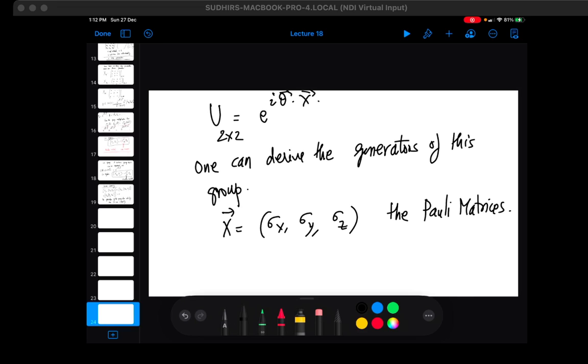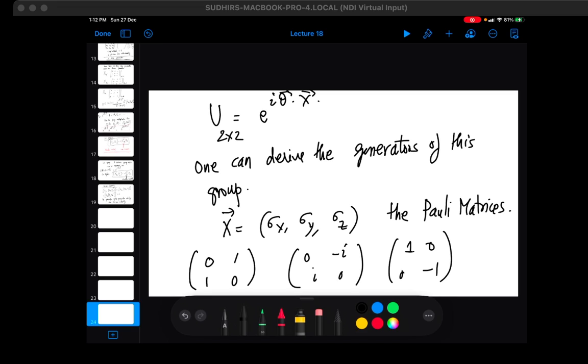These are not rotations per se, but if you look at the Pauli matrices, 0 minus i, i 0; 1 0, 0 minus 1; 0 1, 1 0, they look very similar to the generators.